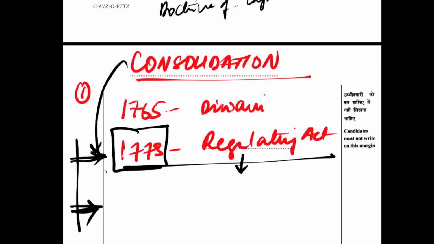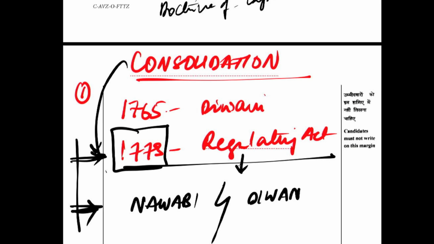This is when the consolidation begins, and how does it happen? By separation of the Nawabi and the Diwani rights, and this perhaps happened in 1765.